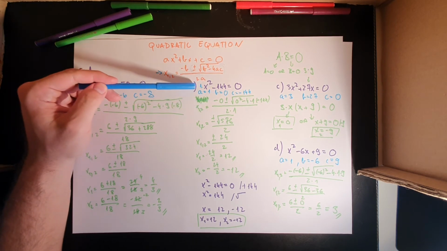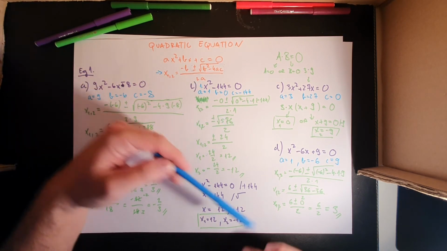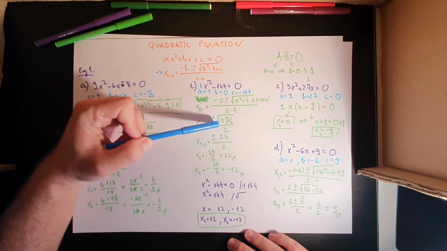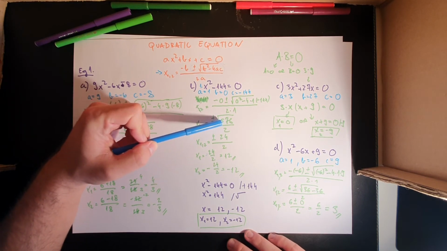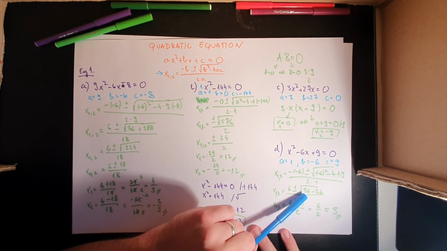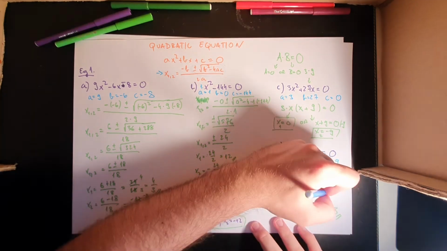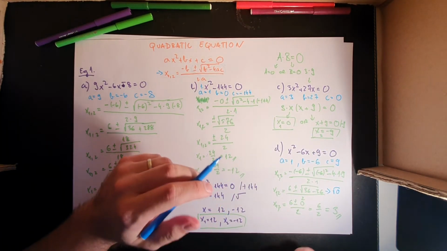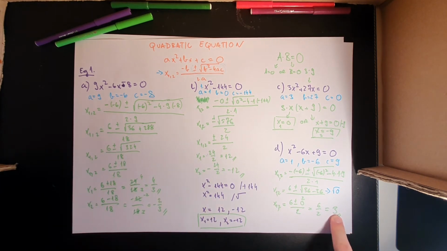Look at the B example. We also had two solutions in the end, starting with the square root of a positive number. In the D example, we had a situation with a square root of 0, and this gave us in the end one solution.